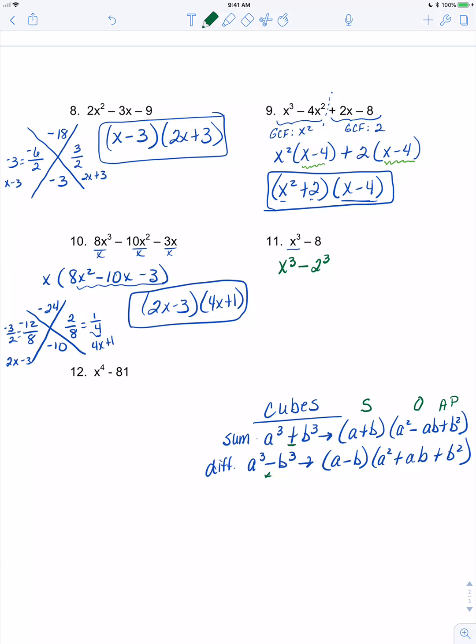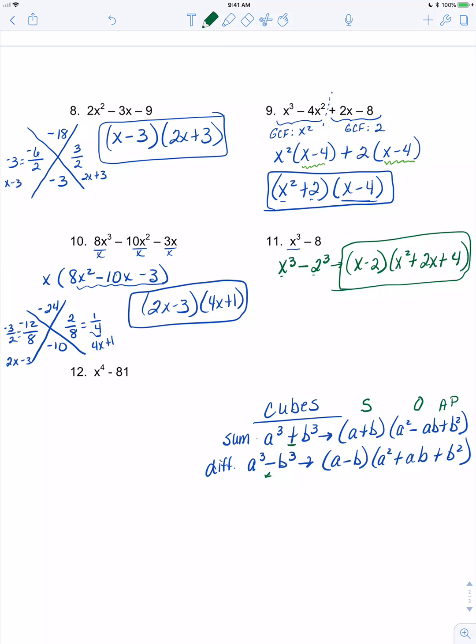So we know this is automatically going to factor into x minus 2, just following the rule, x squared plus the 2 multiplied, A times B, so that's 2x, always positive. 2 squared is 4. And so that is that cube factored.